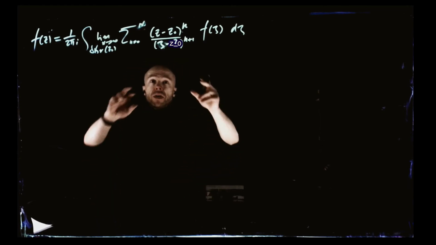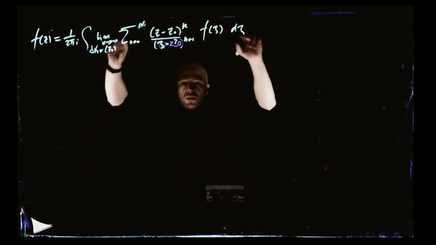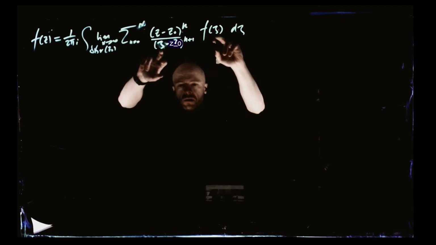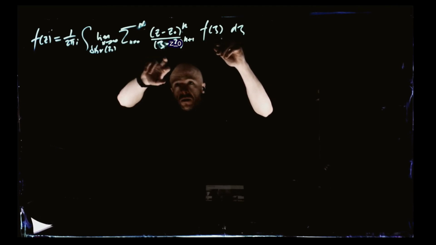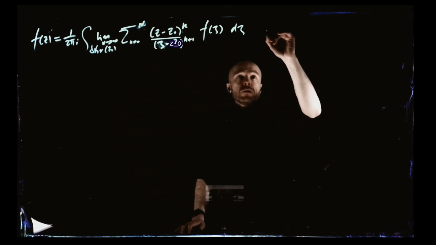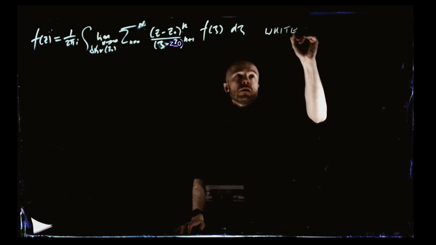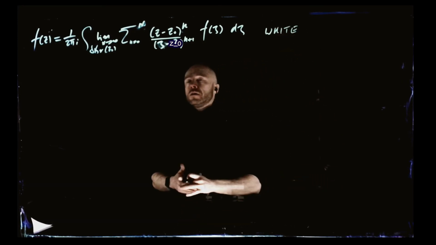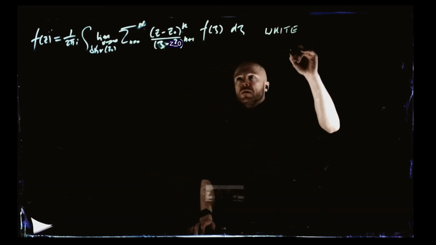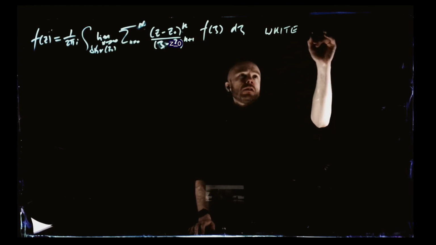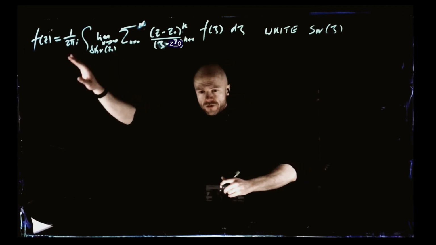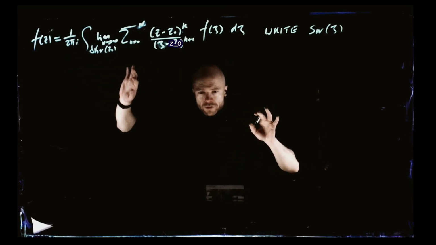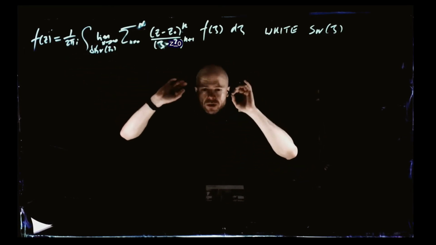So this partial sum is a limit, and it depends on zeta. We're going to write S_n of zeta. Here z we're just taking as fixed. We take it inside the ball. It's not moving. We're just going to establish this for our particular choice of z.